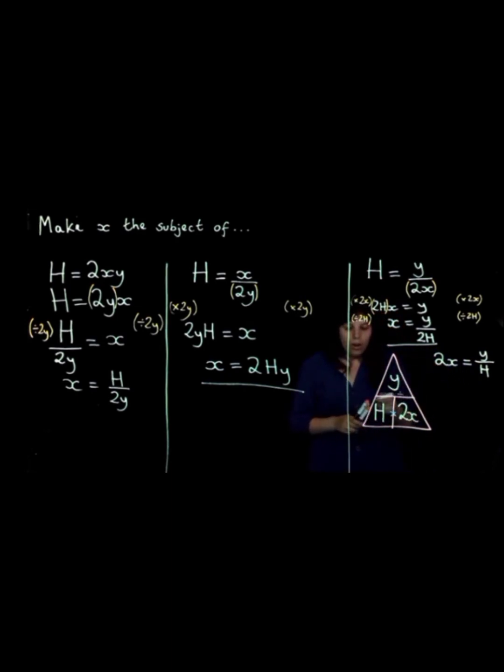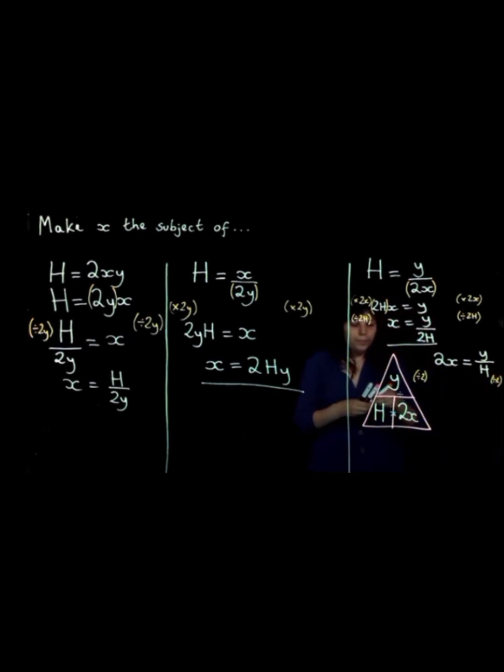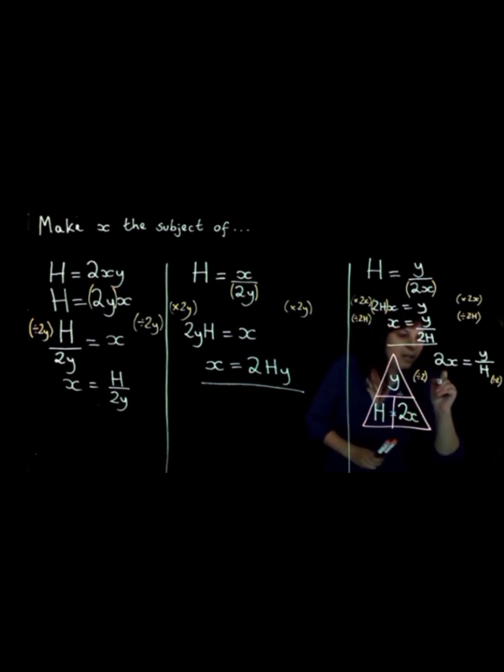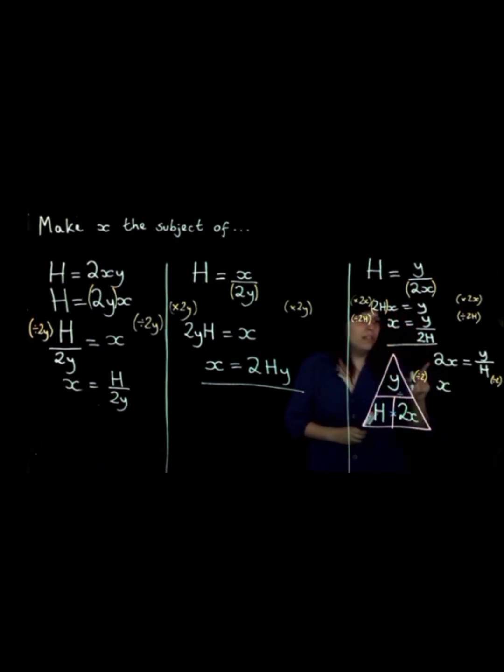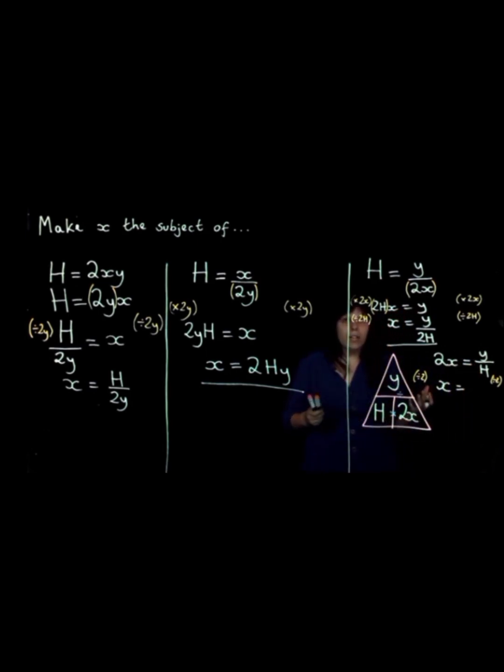Now, I want x on its own, so I'm going to have to divide both sides by 2. So on this side, I'm simply going to get x. But on this side, I'm going to have to do y over h divided by 2. Now, we know that divide by 2 is the same as multiplying by a half.